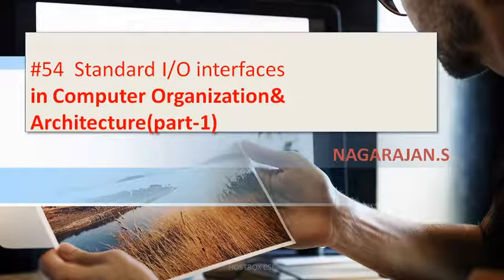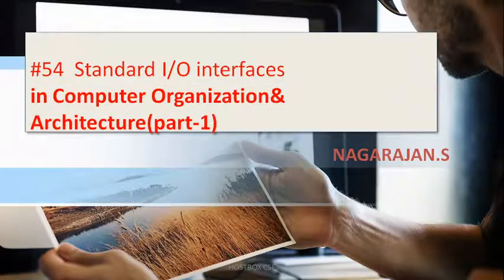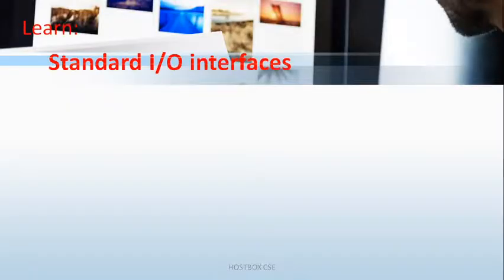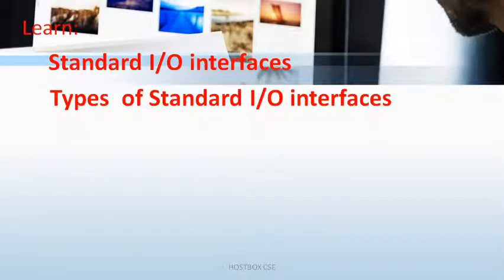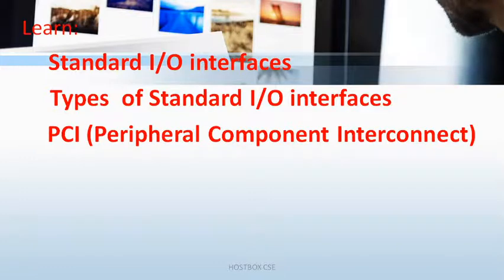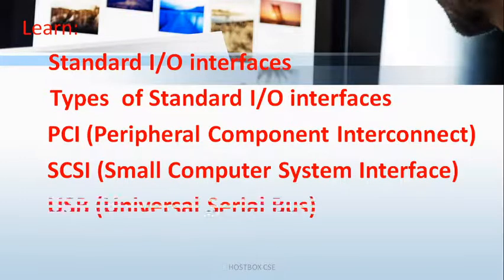Today's session is part 1, that is standard IO interfaces in computer architecture and organization. When you work with computers or laptops, we need some interfaces. Today's session will help you learn the standard IO interfaces, followed by the types of standard IO interfaces like PCI, SCSI, USB.